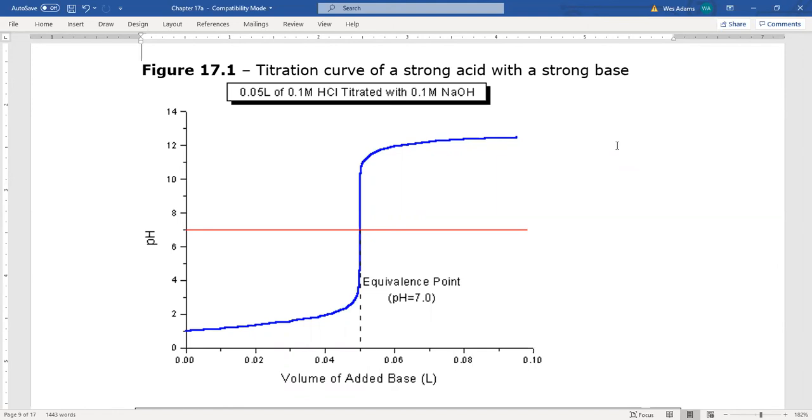It would be pH 7, based on the base added. This one's 0.05 liters of 0.1 molar HCl titrated with 0.1 molar sodium hydroxide. But regardless, the strong acid, strong base curve looks like a little S shape like that with an equivalence point at 7. And the equivalence volume you'd read off of the x-axis.